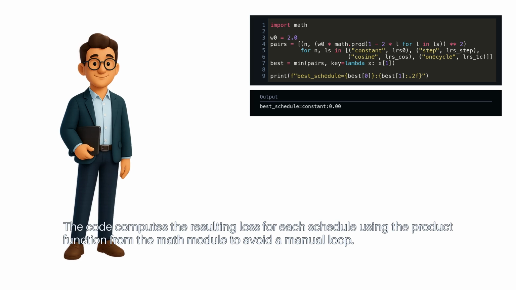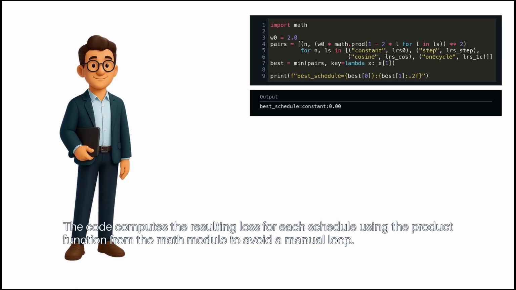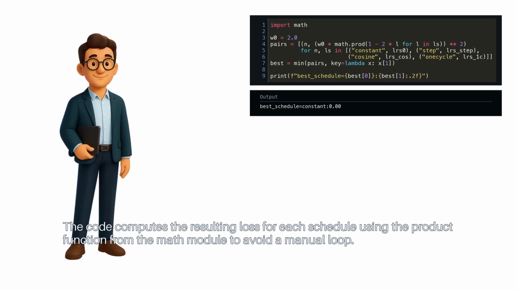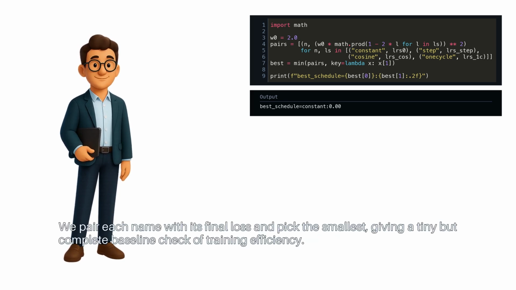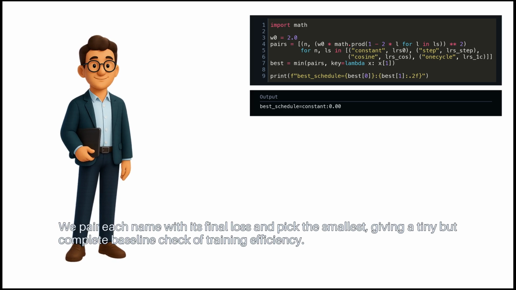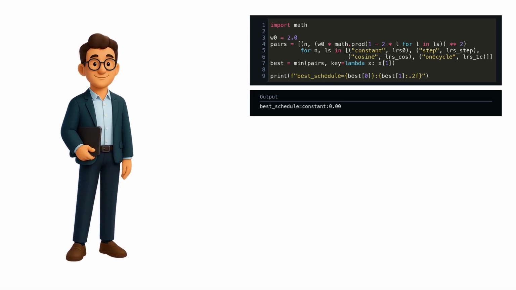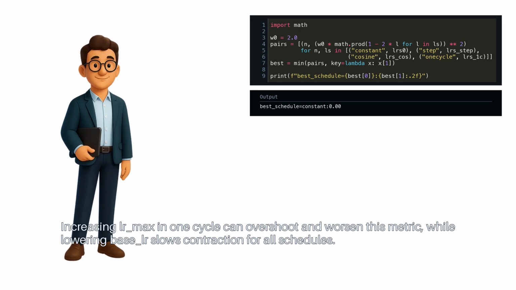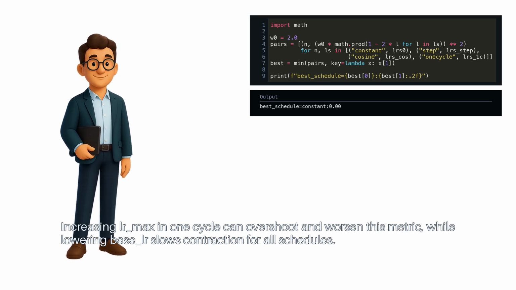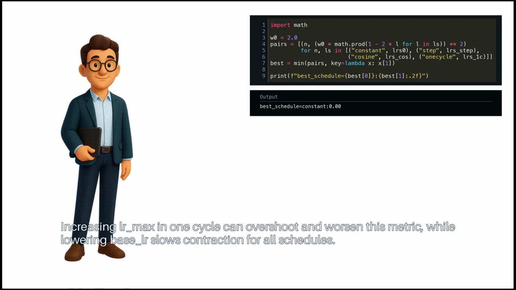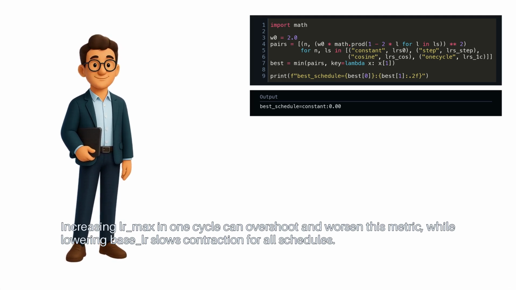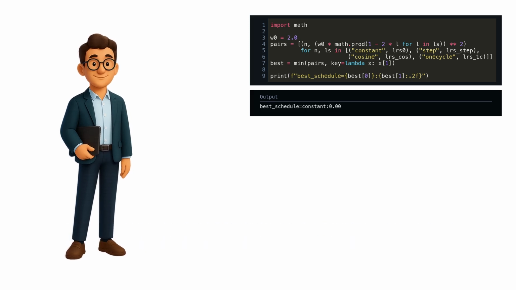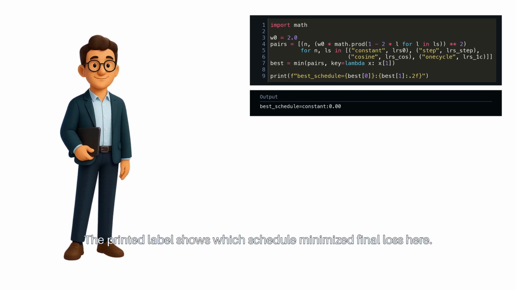The code computes the resulting loss for each schedule using the product function from the math module to avoid a manual loop. We pair each name with its final loss and pick the smallest, giving a tiny but complete baseline check of training efficiency. Increasing LR max in one cycle can overshoot and worsen this metric, while lowering base LR slows contraction for all schedules. The printed label shows which schedule minimized final loss here.